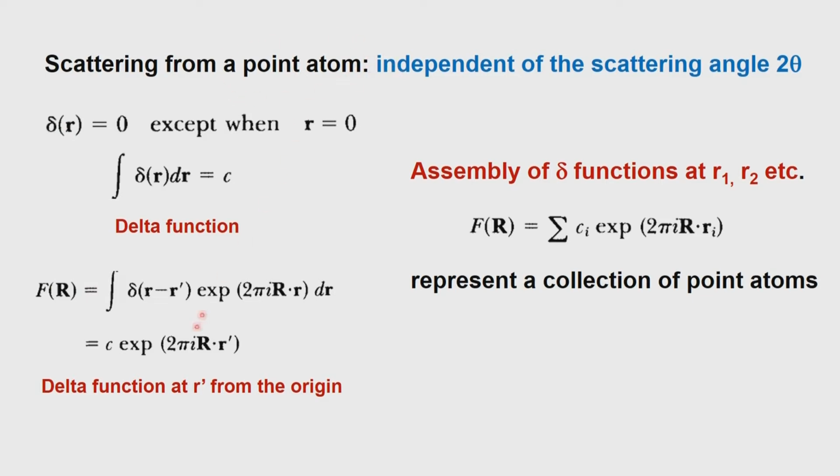Now suppose we have a large number of point atoms, which is essentially the crystal. In a crystal we have, let us say, 100 atoms. Let us consider each and every atom as a point atom. If we consider each and every atom as a point atom, they are located at r1, r2, r3 from the origin. So we sit at an origin, consider r1, r2, r3, r4, etc., the positions of the atoms.